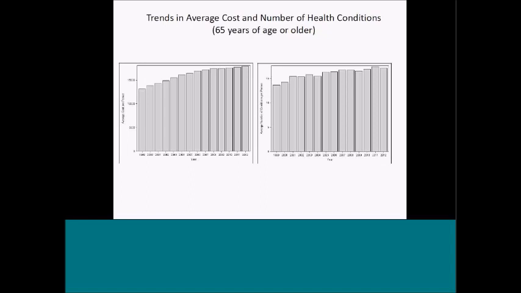So here is the graph. This is for the 65 and older. The one on my left gives you the average cost per person. These are all in 2010 dollars over the period of 1999 to 2012.